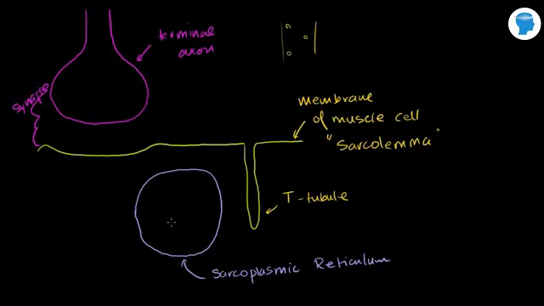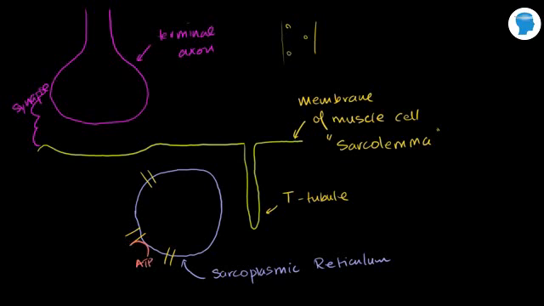And what the sarcoplasmic reticulum does is it has calcium ion pumps on its membrane. And what these do is they're ATPases, which means that they use ATP to fuel the pump. So you have ATP come in, the ATP attaches to it, and maybe a calcium ion will attach to it.